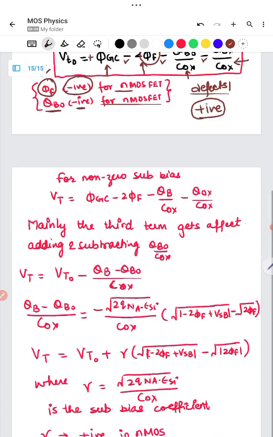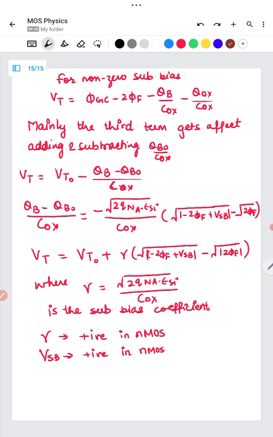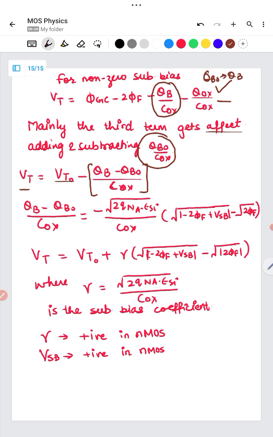Now let's understand what the formula for threshold voltage would be for non-zero substrate bias. In the threshold voltage only the third term gets changed from QB naught to QB. Mainly the third term gets affected, we already know this. So if you add and subtract QB naught divided by Cox in this equation, Vt becomes Vt naught minus (QB minus QB naught) divided by Cox.